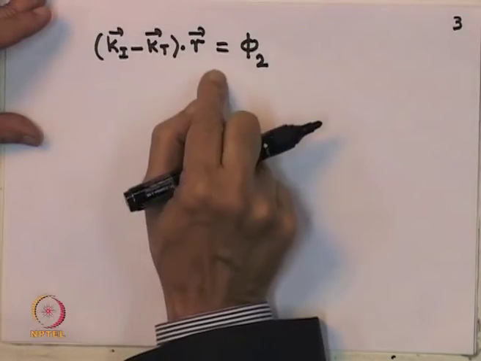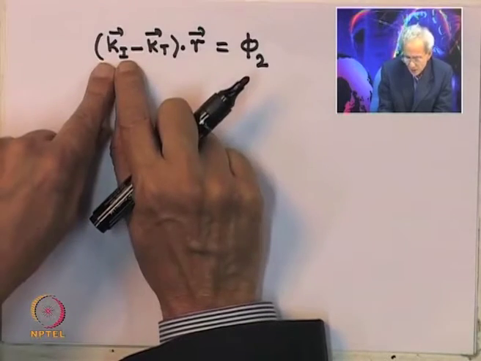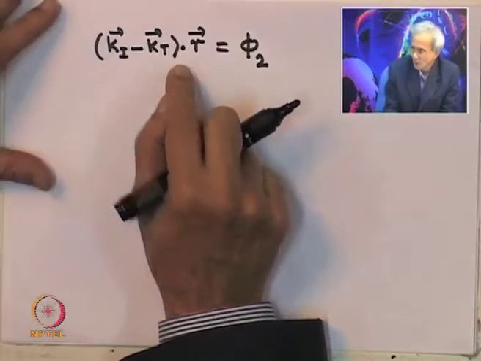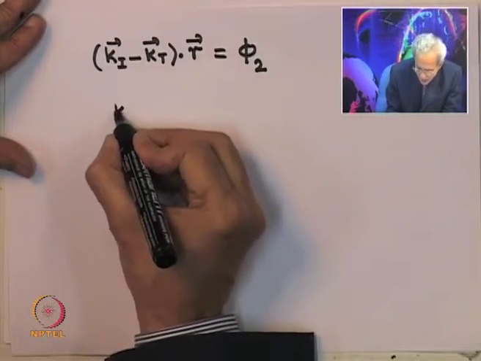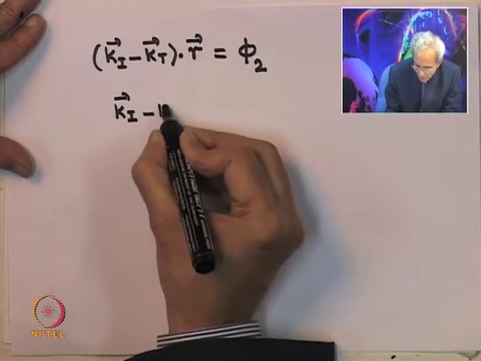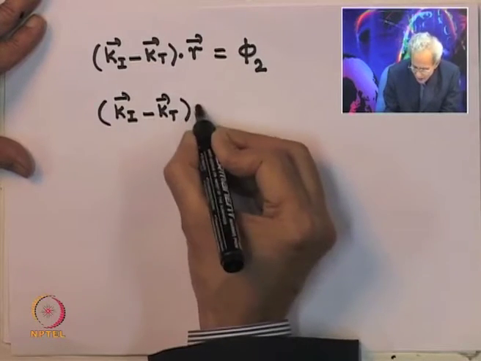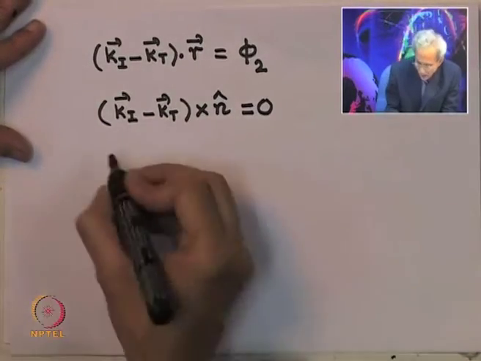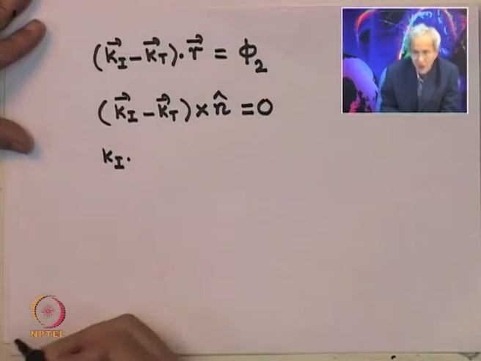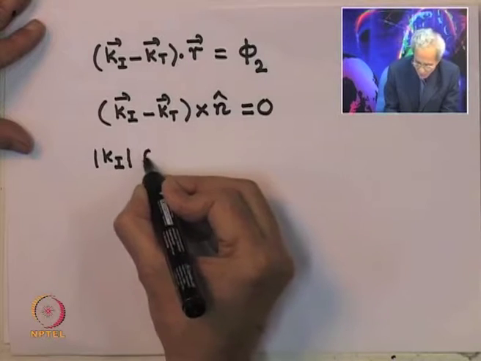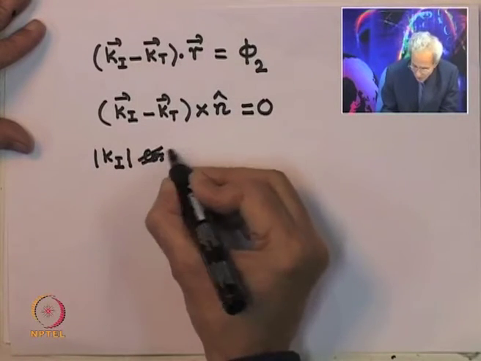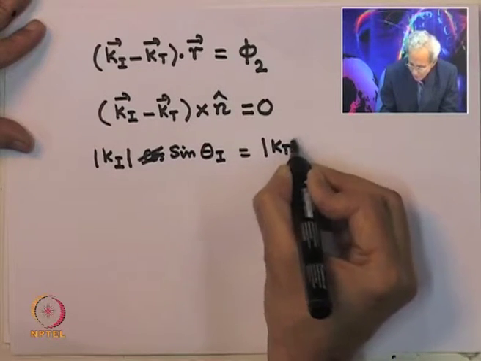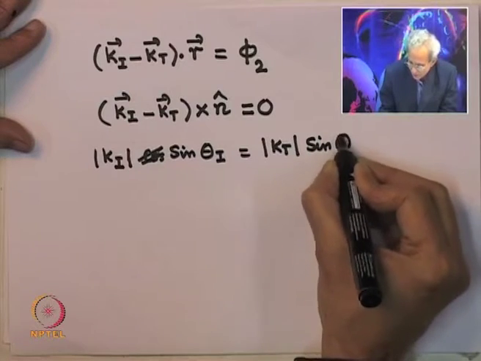Once again this is the equation of a surface, which is perpendicular to k_i minus k_t. So, just the way we have done it earlier, (k_i minus k_t) cross n is equal to 0. This tells me that the magnitude of k_i times sin theta_i must be equal to the magnitude of k_t times sin theta_t.